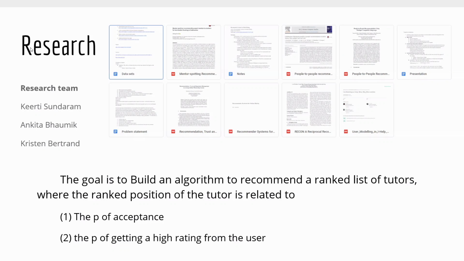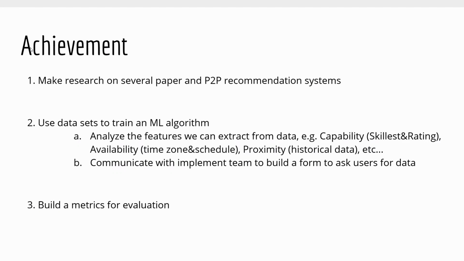They will build a machine learning algorithm to recommend a ranked list of tutors, where the ranked position is based on the possibility of the tutor accepting the request and getting good feedback from the student during the instruction. The main achievement for this team is a lot of research on several papers and P2P recommendation systems.